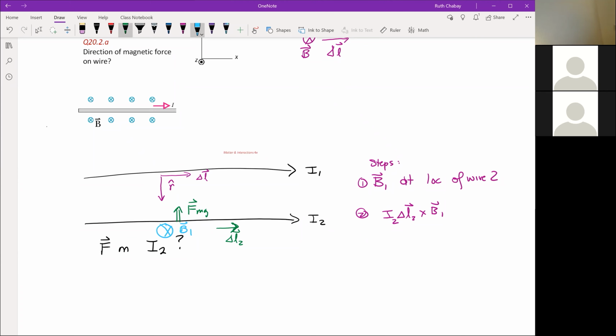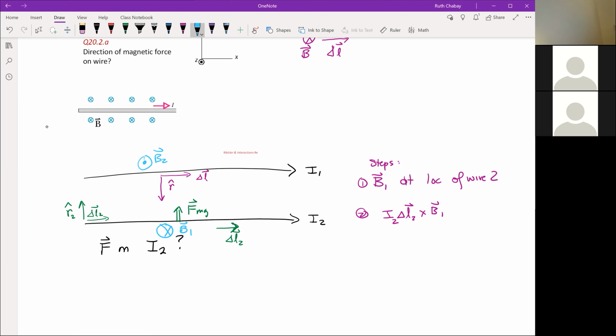So we have a delta L2, we have R hat 2, delta L cross R hat. Looks like that magnetic field would be out of the page.